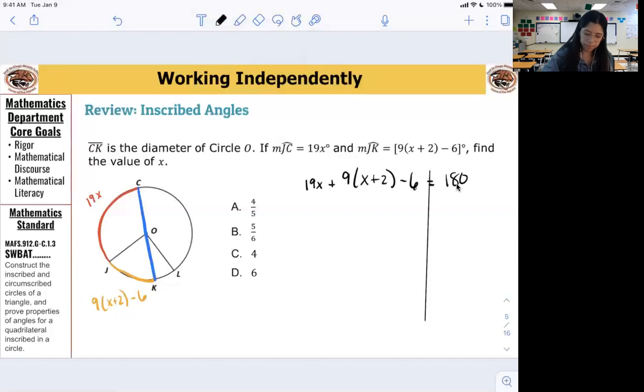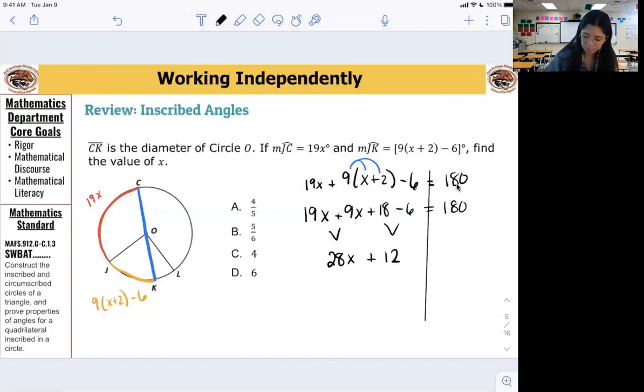Okay, distribute. Now, combine like terms. What do I get? And then what about over here? All right, now what?